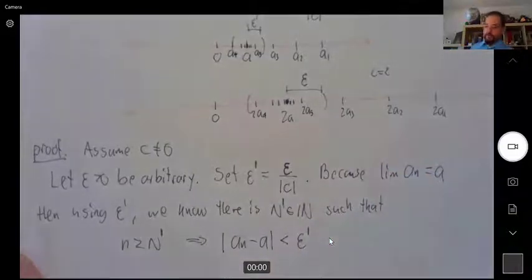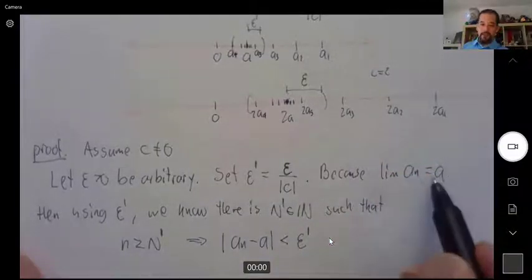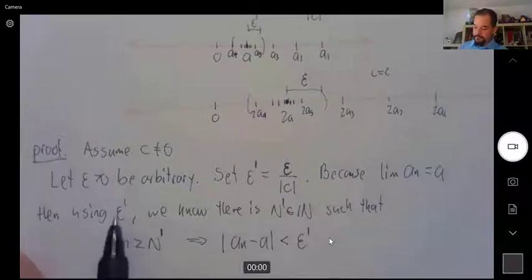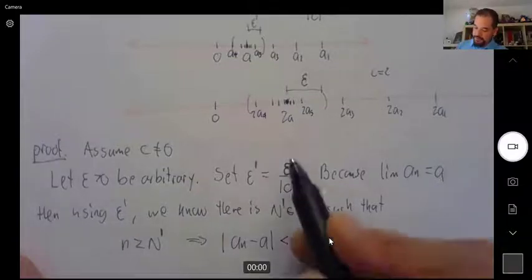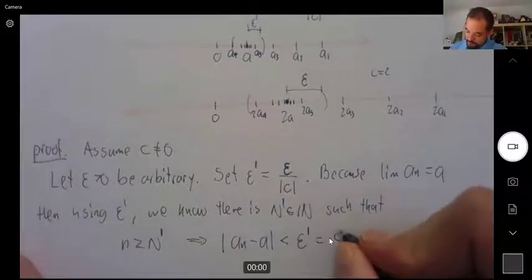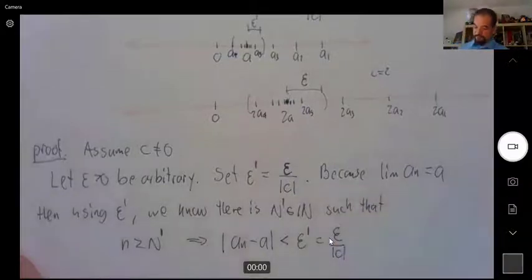That's the definition of the limit of a_n equals A using a very specific epsilon. We're using epsilon prime, which is epsilon over the absolute value of C.